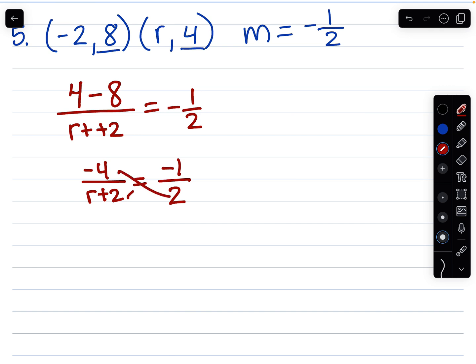Okay. What do you get when you cross multiply, James? What do I write before my parentheses? What number? Negative 1. Good. Okay. All right.